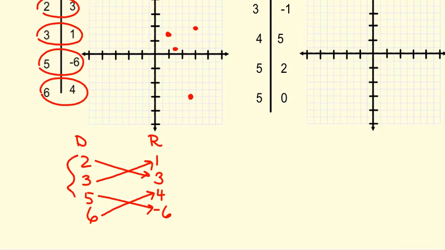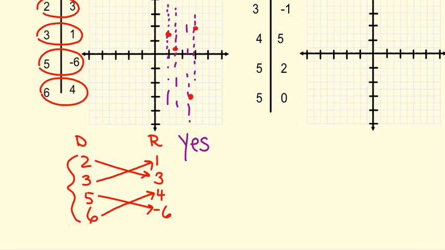Notice there are not any repeats going on in our domain. It also passes the vertical line test. That point hits only once, this one only hits once, this one only hits once, this one only hits once. So yes, it is a function because it passes the vertical line test.